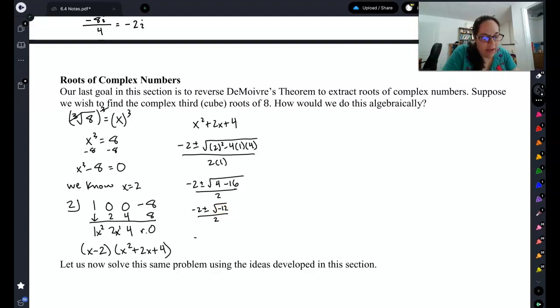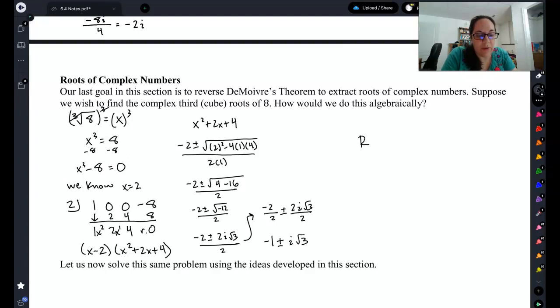So we have negative 2 plus or minus. If I simplify the square root of negative 12, it gives me 2i root 3, which then I can divide both of those. Get negative 2 over 2 plus or minus 2i root 3 over 2, which is negative 1 plus or minus i root 3.